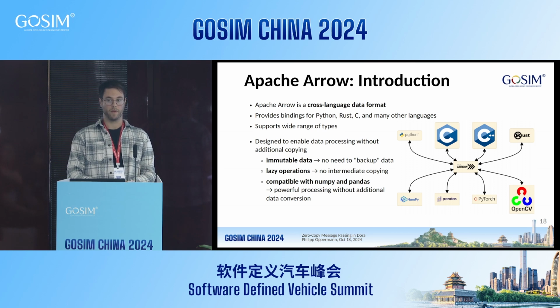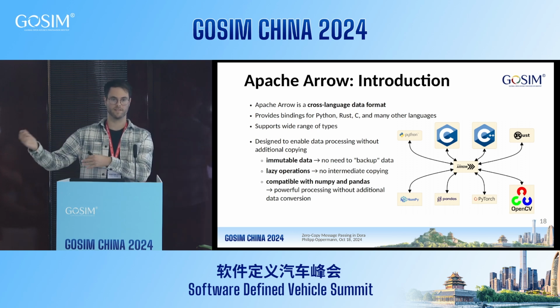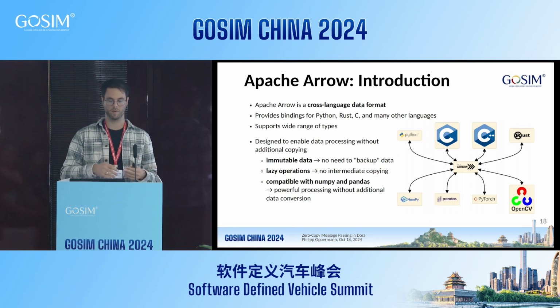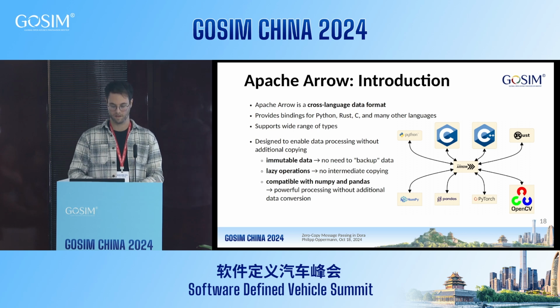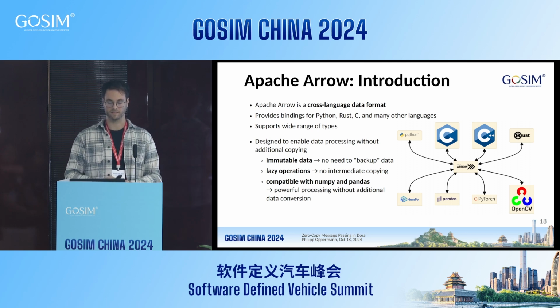And maybe one point that's not on the slides: it's not a serialization framework. So you don't take the data and encode it to JSON or something and then decode it again. Instead, you really work with the data, so you don't need additional copying. And Arrow data is also immutable by default.